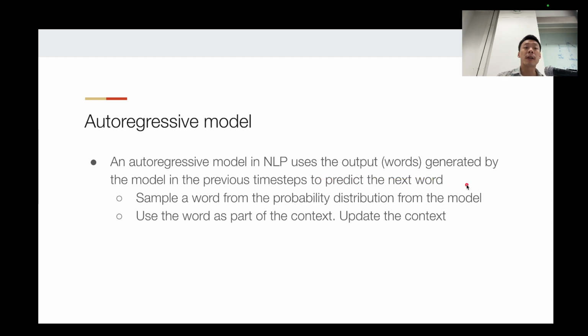So in the NLP context, if it's an autoregressive model, that means the sample that you got from the previous time step is used as the context for the next time step. Time step means word now, right? Next word, over. This is an autoregressive model.